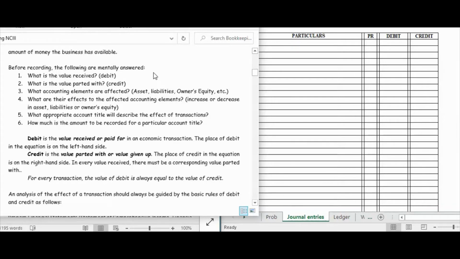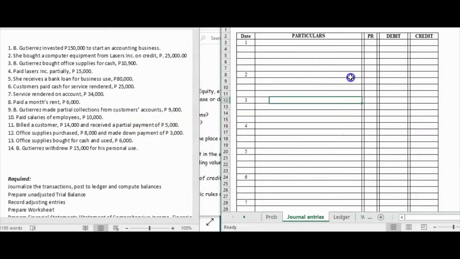Asset ba, liabilities, equity, revenue, or expenses? What are their effects to the affected accounting element? Nag-increase ba or nag-decrease? And then, what appropriate account title would describe the effect of transaction and ano yung amount na i-record mo in that account title? So we are going to mentally answer these questions kapag nagjo-journal entry tayo.